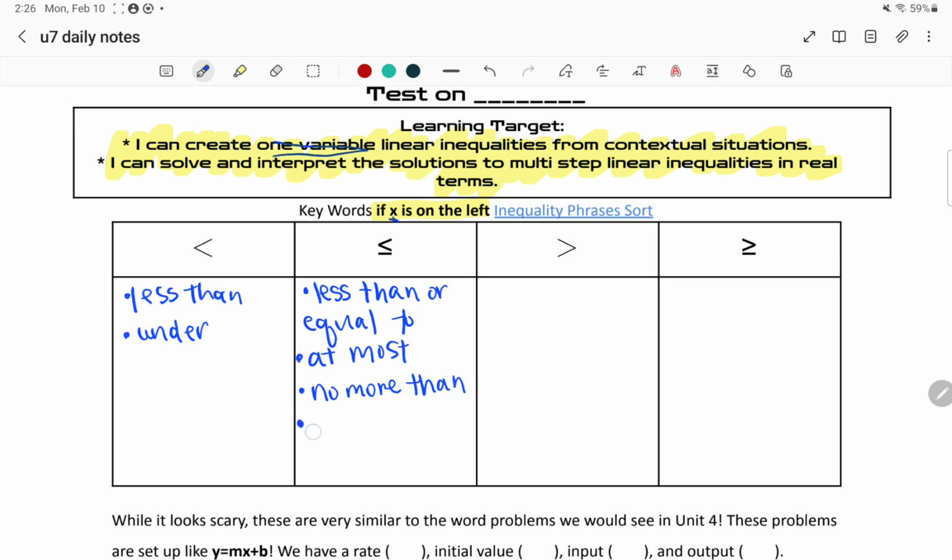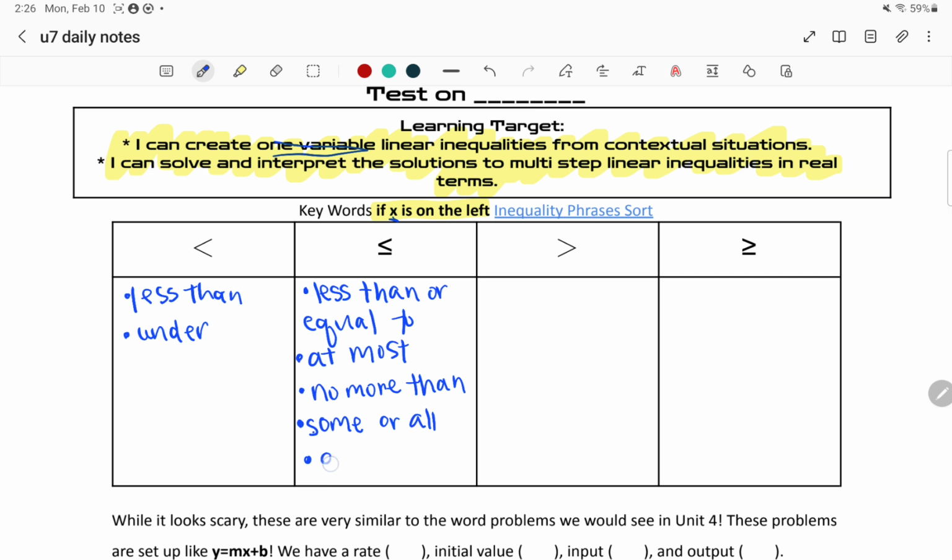This one's a little weirder sounding, but I've seen it a lot. Some or all. So meaning some, like less than all of it, or all of it, so less than or equal to.